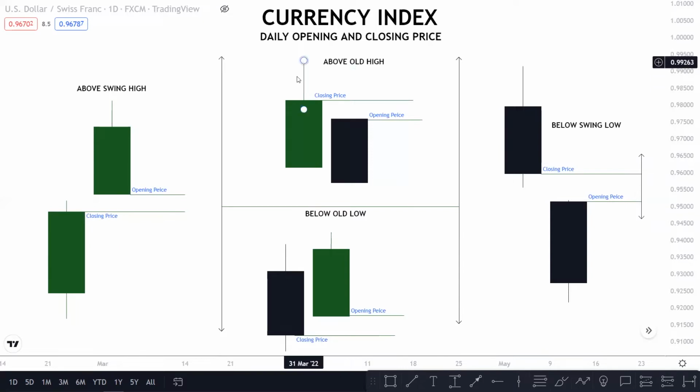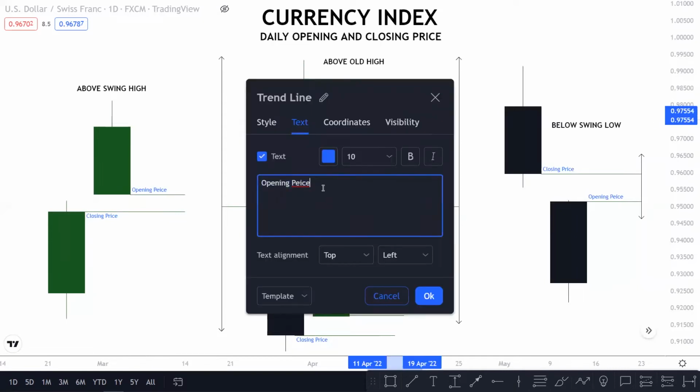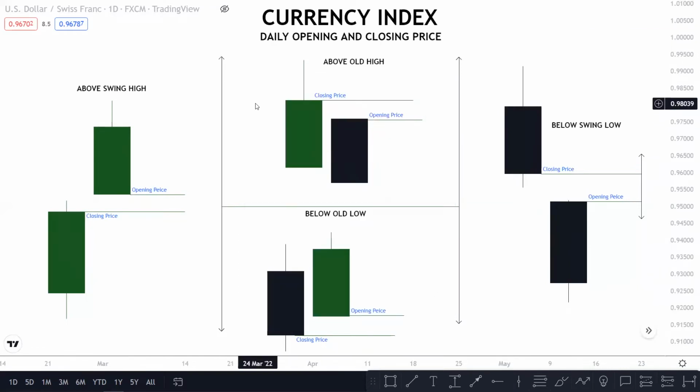I want to see price trade above an old high, then give me this structure here between the previous candle's closing price and the next candle's open price. This should be R, not E. I want to see such candles.